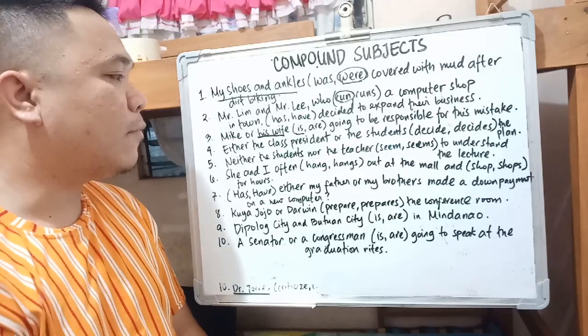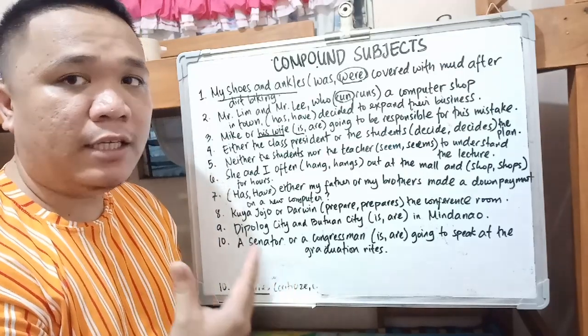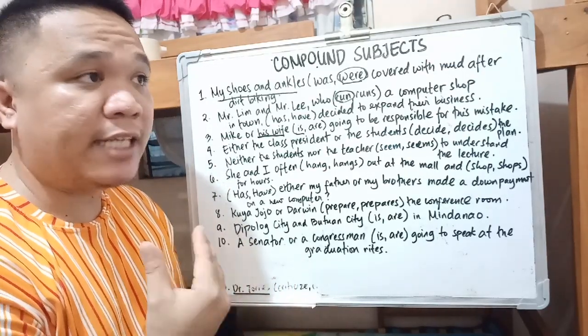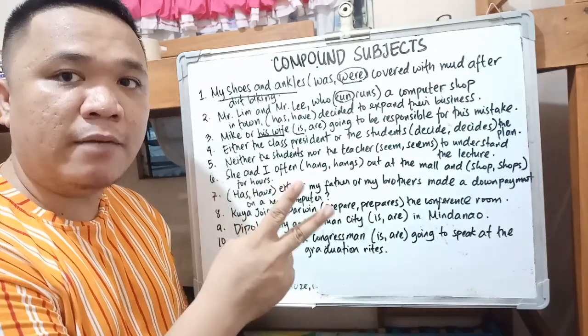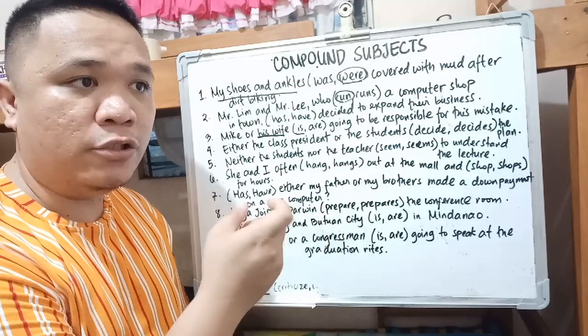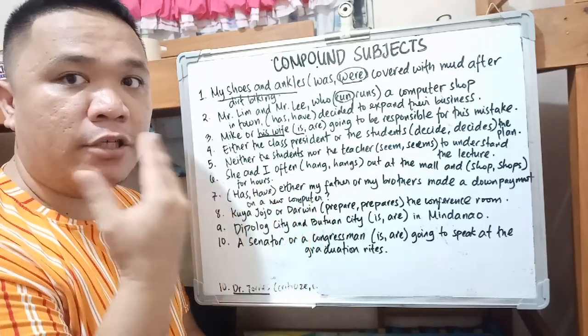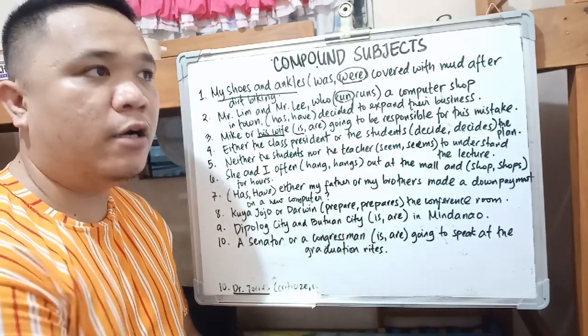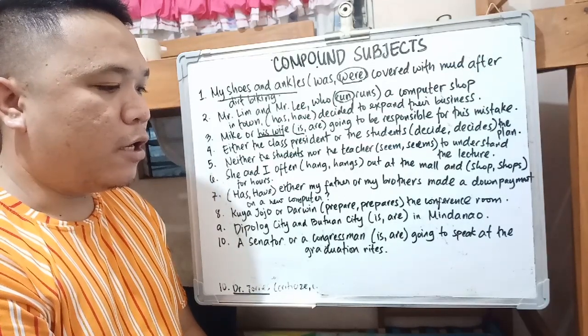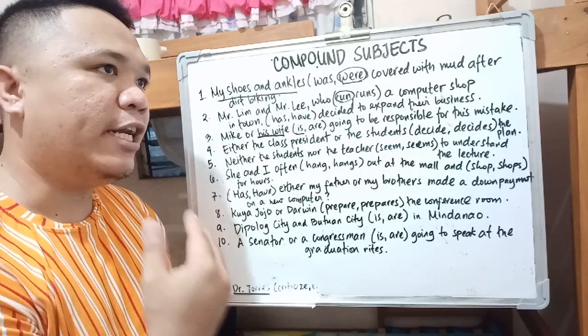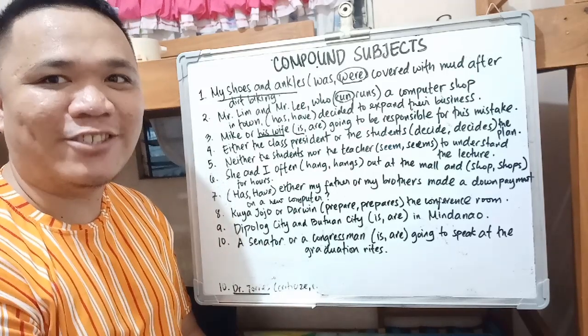Number 4. In this rule, once the sentence begins with either, it will introduce two subjects joined by or. So either, or. That is what we call a coordinating correlative conjunction.